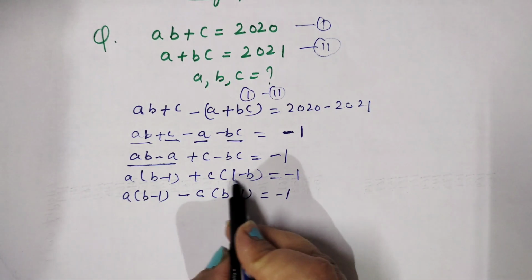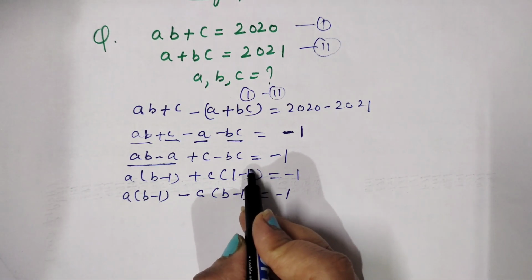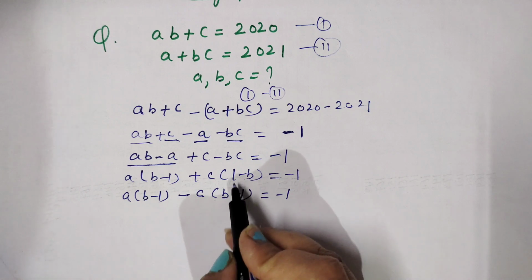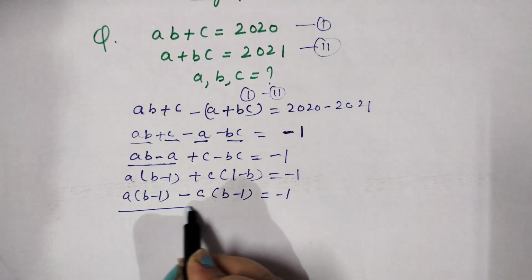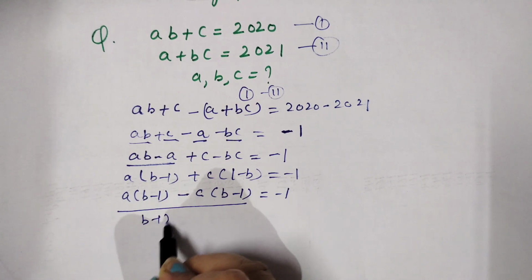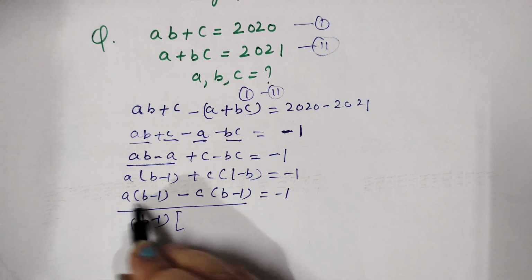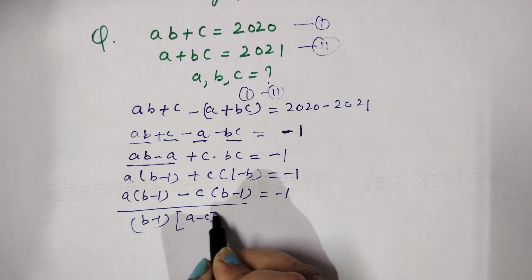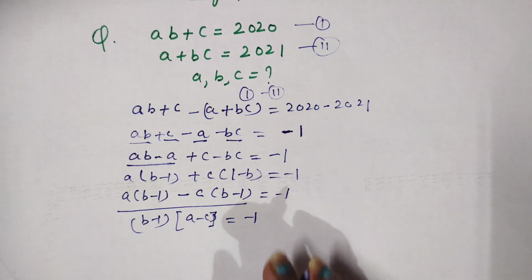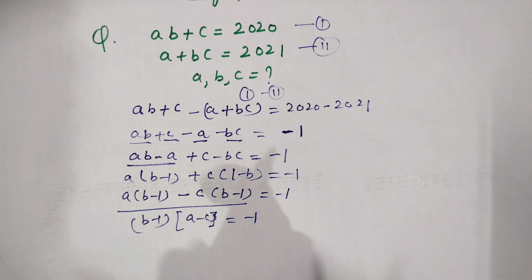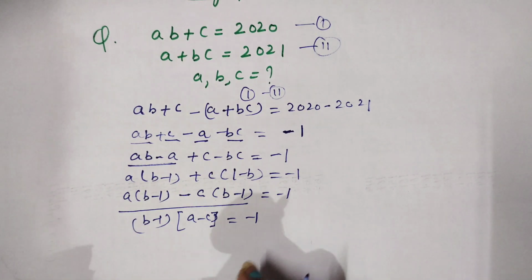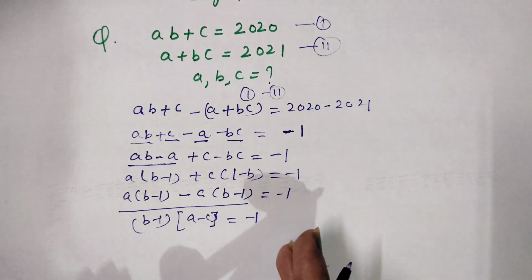We take out only the minus sign, so that this minus B converts into plus B and this 1 is converted into minus 1. Now you can see in this equation B minus 1 is common, we'll take it out. So inside is A minus C, and here the negative number minus 1.